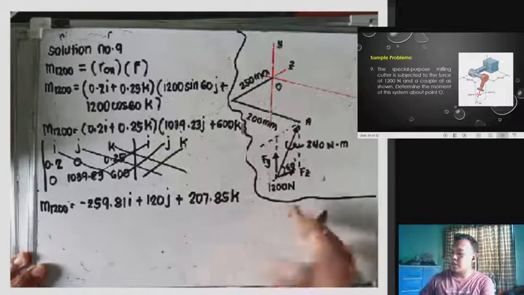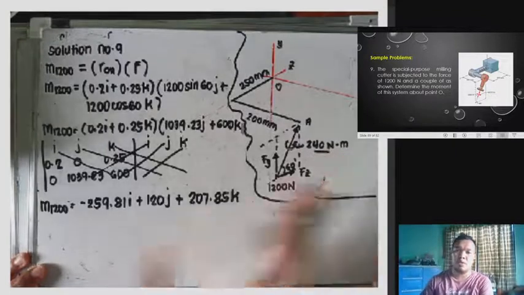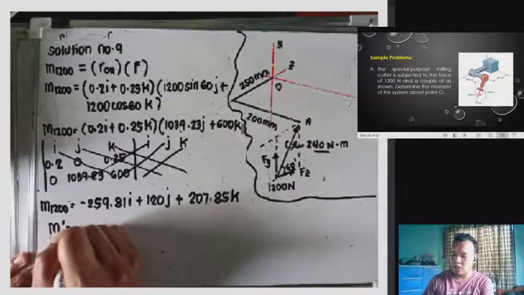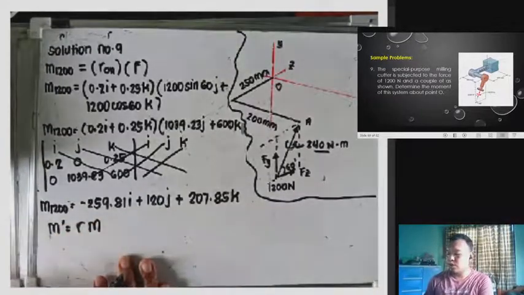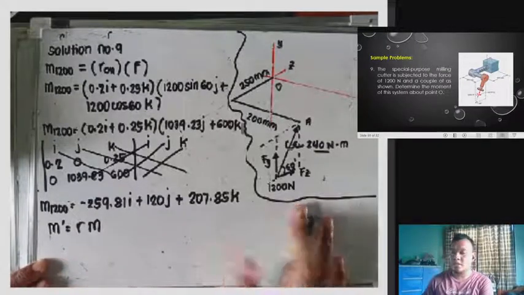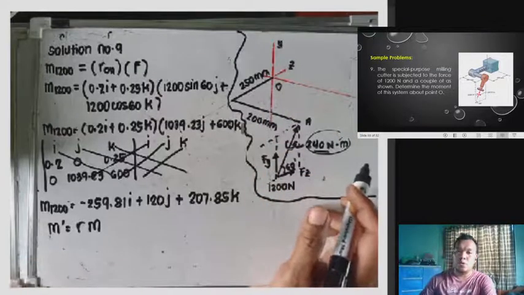So, ngayon, yung moment naman po na ito, ng 240, yun naman po yung gagawin natin. Di ba may binigay akong formula sa inyo na M prime is equivalent kay RM dun sa discussion natin. Magagamit po natin ngayon kasi nga, itong moment 240 is ita-transfer natin dun sa point O, no?